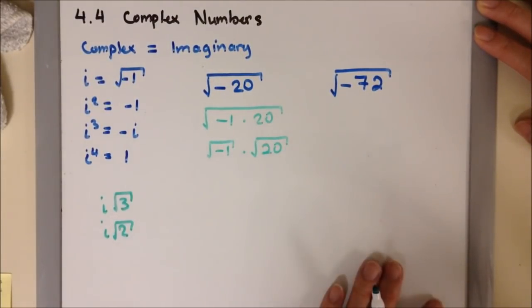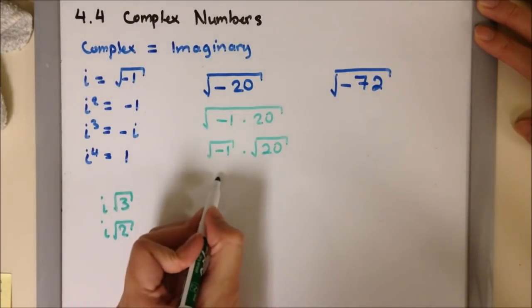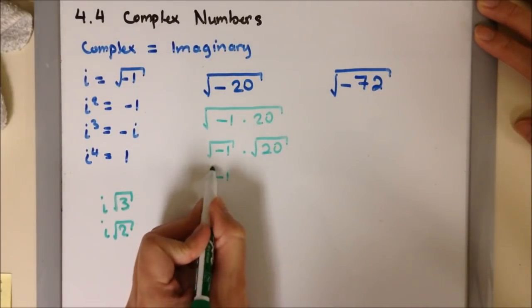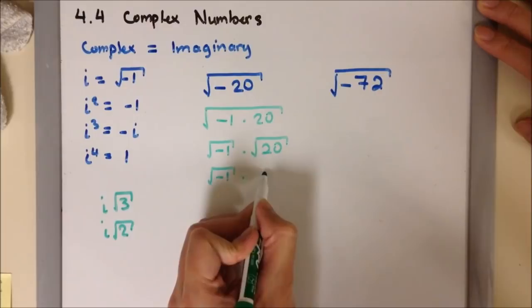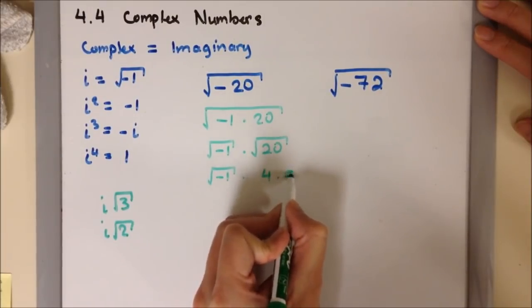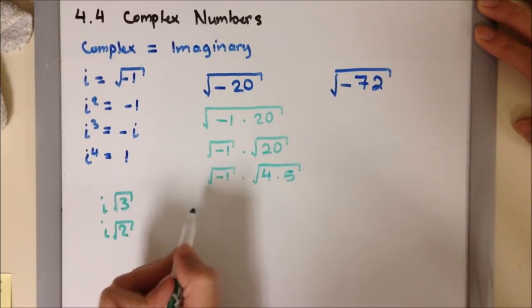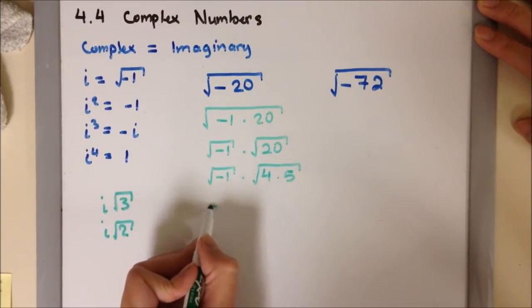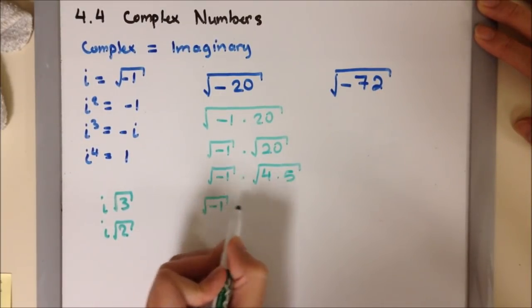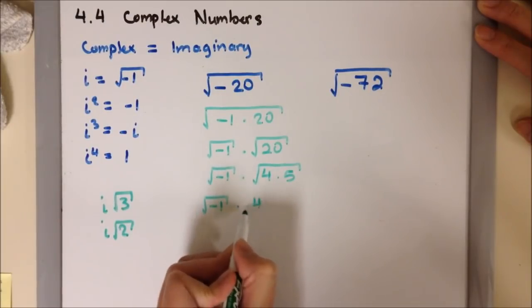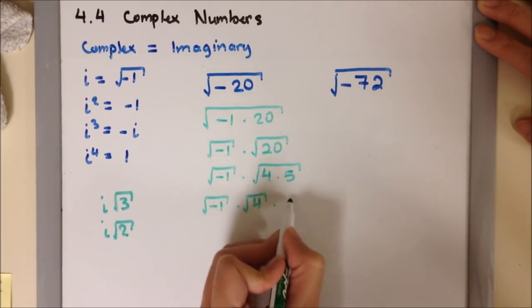Now for the 20, I can break that down into two numbers, which is 4 and 5. So I'm actually going to have three square roots. So the square root of -1 times the square root of 4 times the square root of 5.